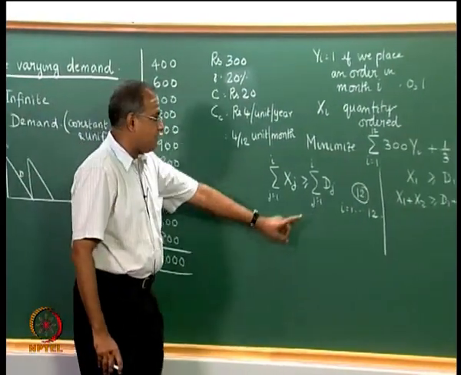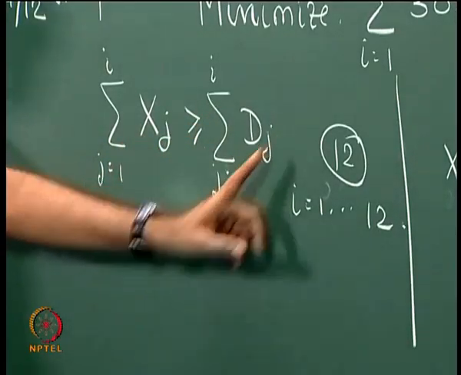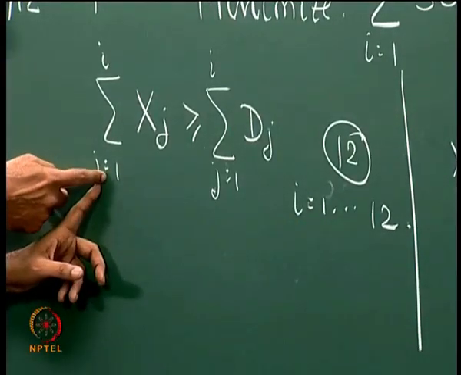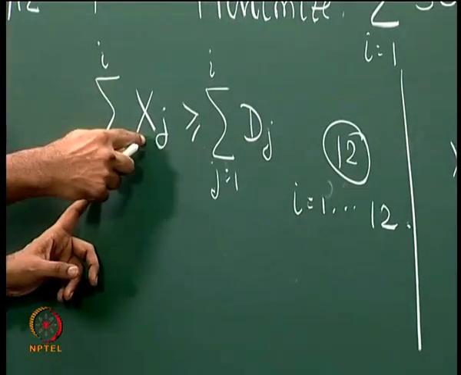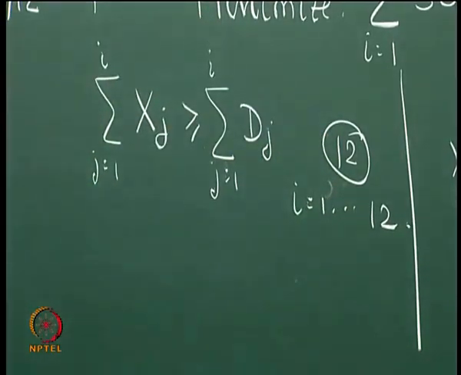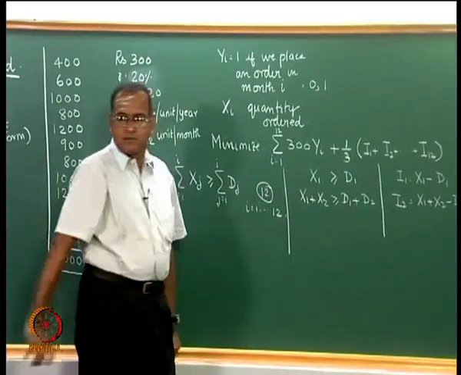Which means if we take the first month, then this will be x1 greater than or equal to d1. Take the second month, i equal to 2, so j is summed from 1 to 2, so x1 plus x2 is greater than or equal to d1 plus d2 and so on. So there are 12 constraints which are like this.